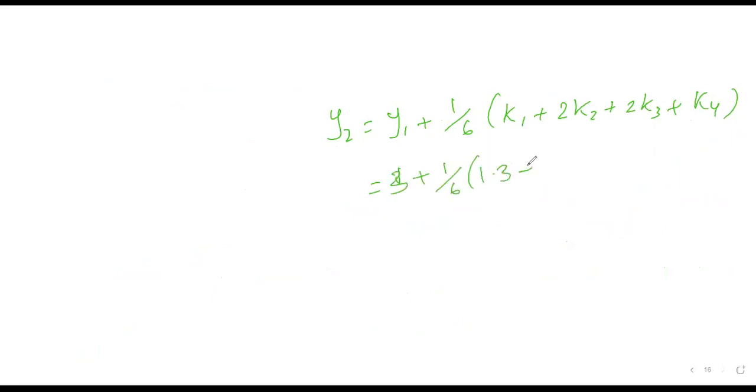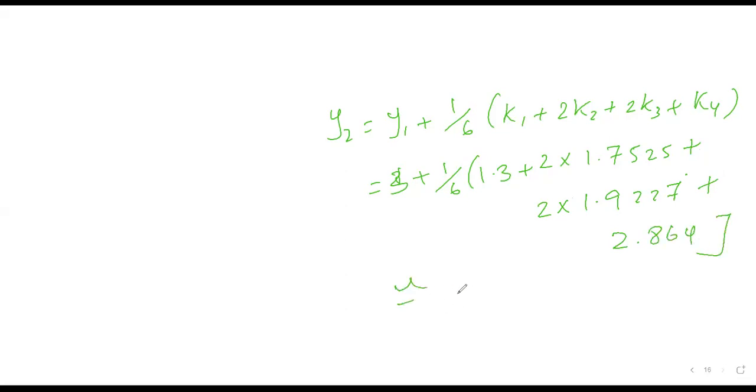So if you substitute this one, this will be 3 plus 1/6. You have said this is 1.3 and the second one, 2 times 1.7525. You can put the actual value or 1.9227, plus 2.864. So if you calculate this one, what is this? 4 point something, because 3 plus something, no?